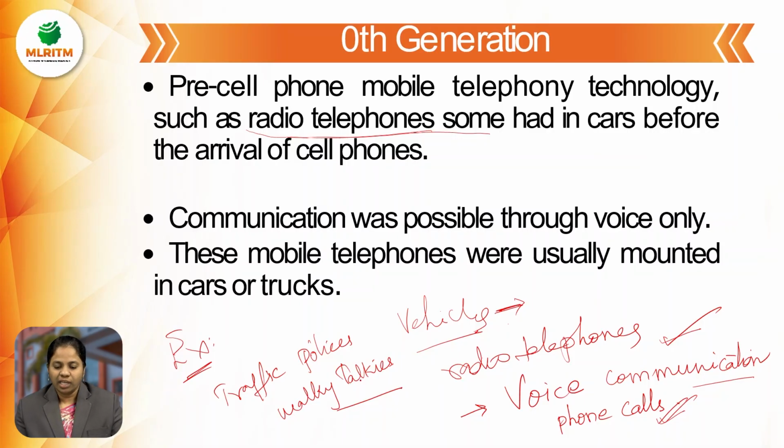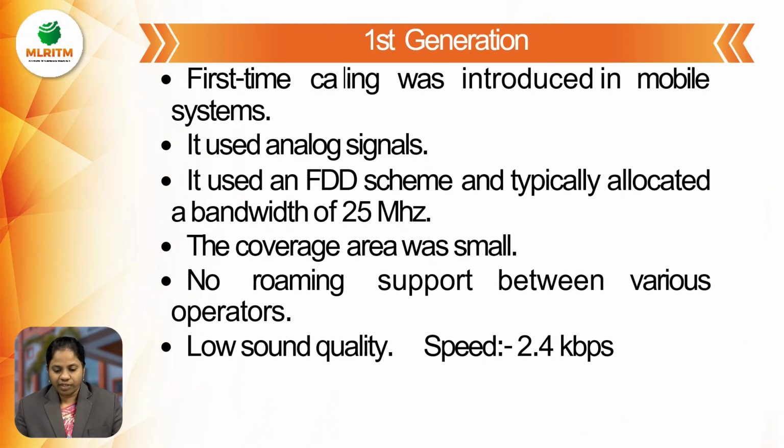Now coming to the first generation. In the zeroth generation only voice commands were possible, whereas in the first generation calling was possible. That means we can call from one device to another device. Here it used analog signals.